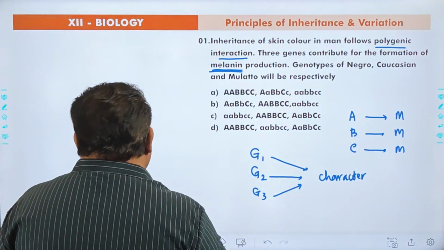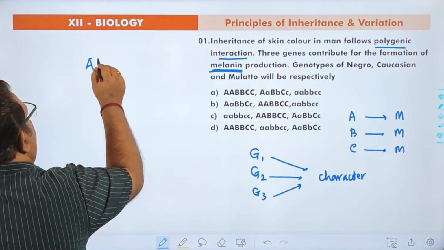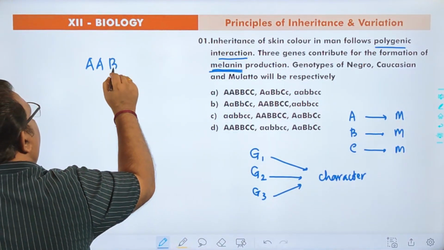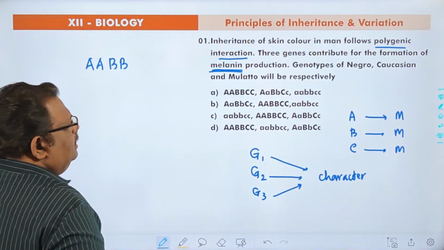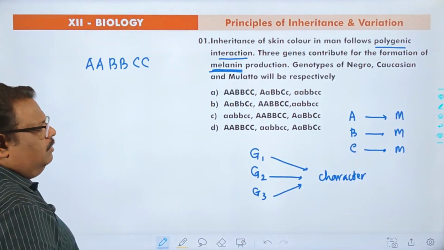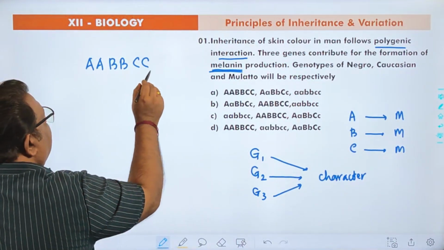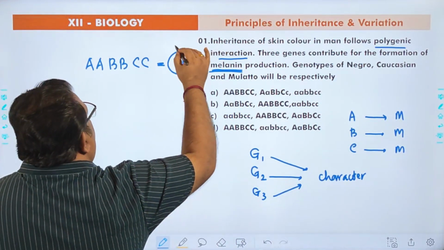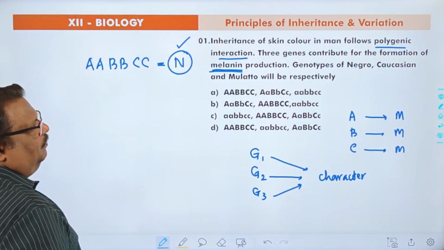Here in this case, capital A, the 2 alleles of A gene, capital B, the 2 dominant alleles of the B gene, capital C, the 2 dominant alleles of the C gene. So if all the 6 alleles are dominant, maximum pigmentation will be there. That phenotype is called a Negro.